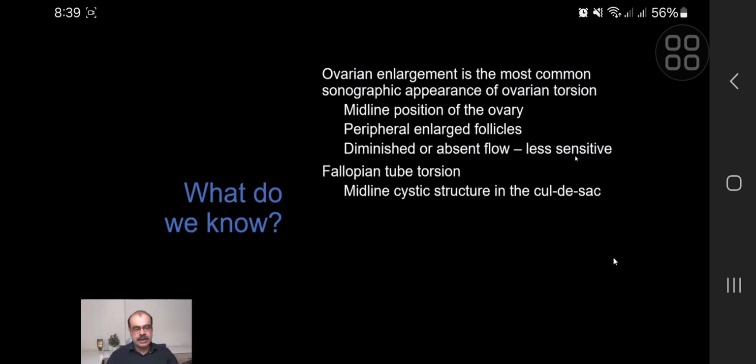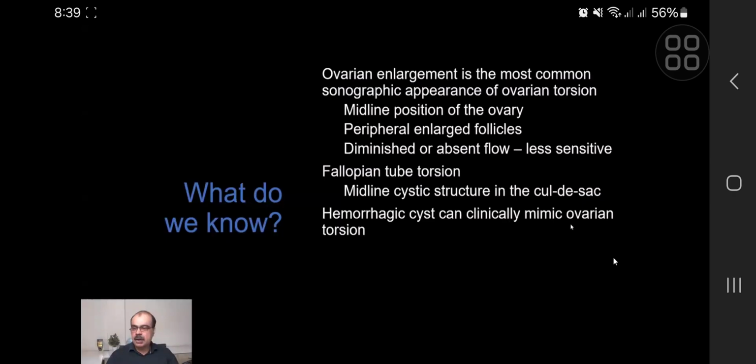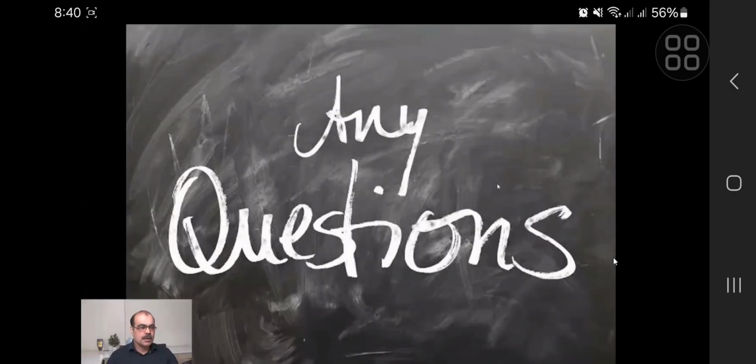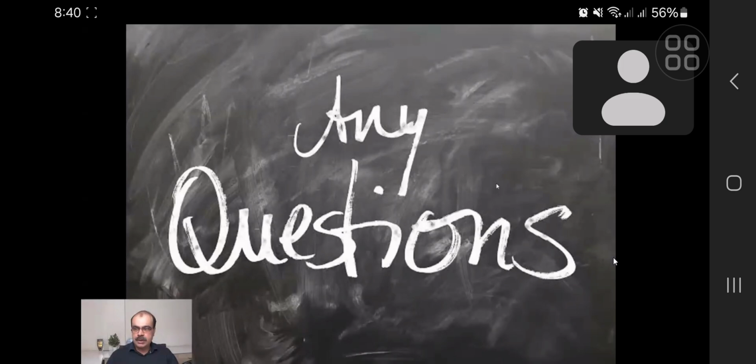Then a hemorrhagic cyst can mimic ovarian torsion. That's very important, but you can now appreciate that it was a bit different in appearance. And hematocolpos can present with acute pelvic pain as well, so you have to keep that in mind. Thanks for listening to the talk, and if you have any questions, you can write them down.